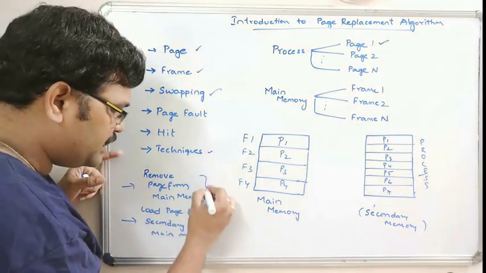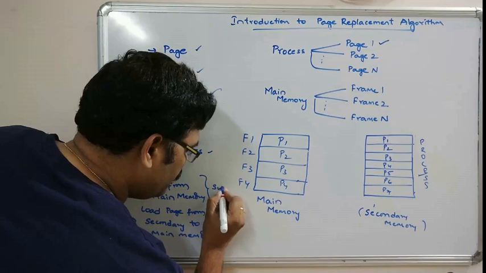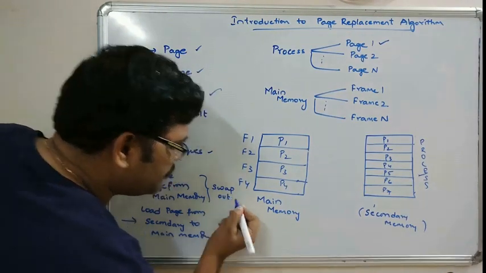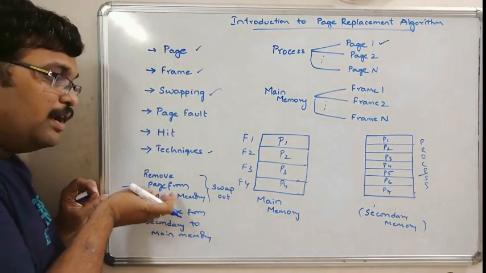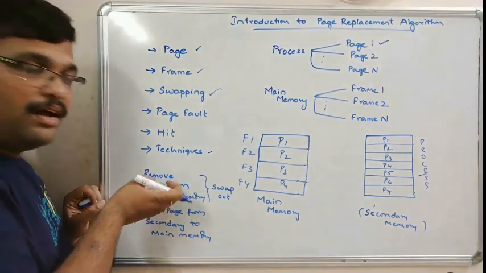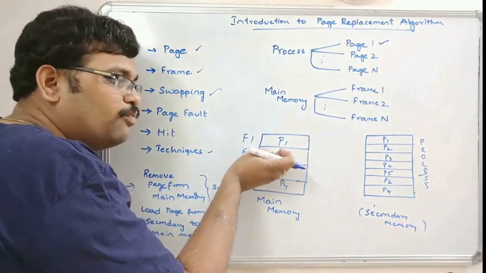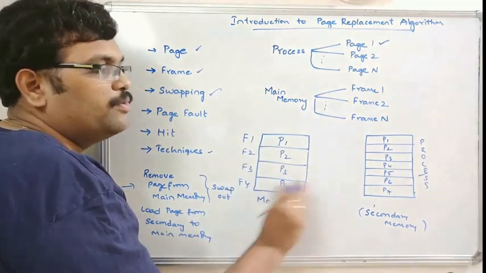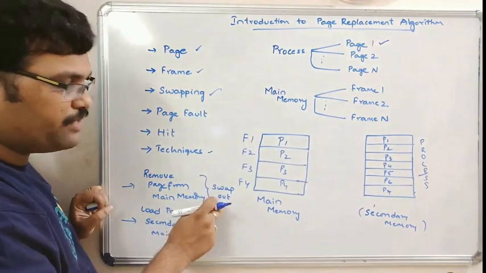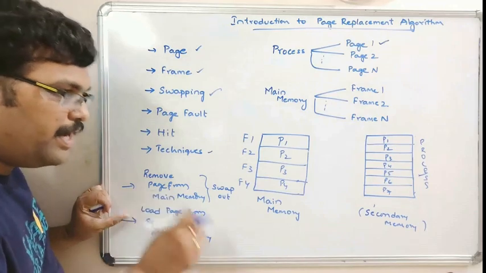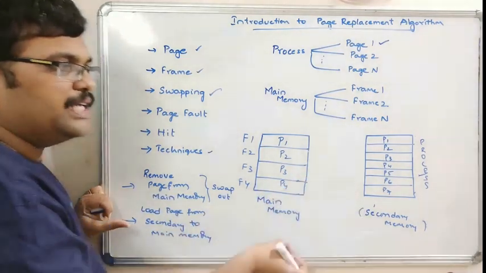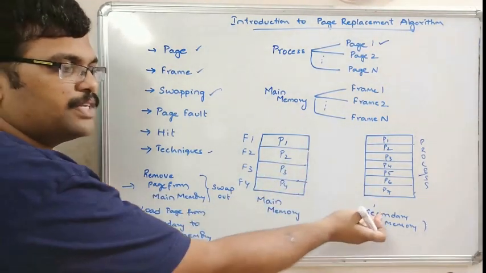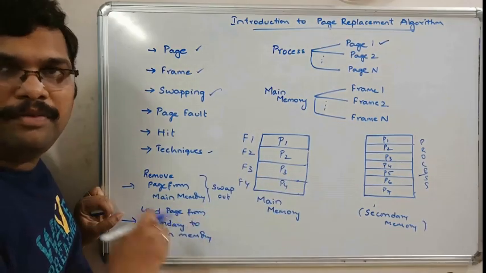So this process is called swap out. Because we are removing one page among several from the main memory to the secondary memory, that is called swap out. And immediately the required page will be loaded from the secondary memory to the available frame.